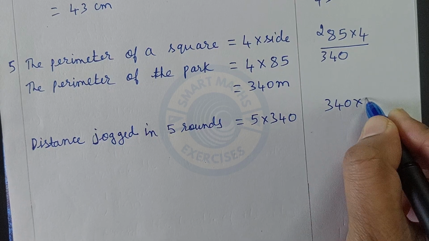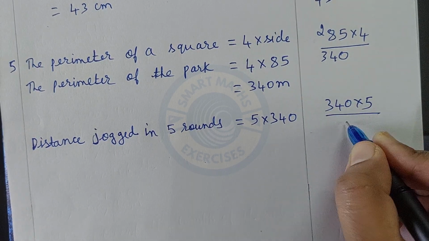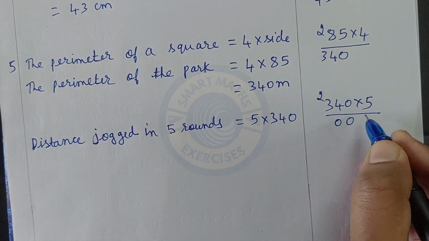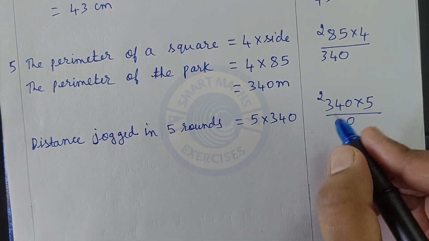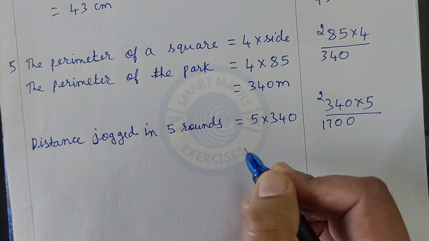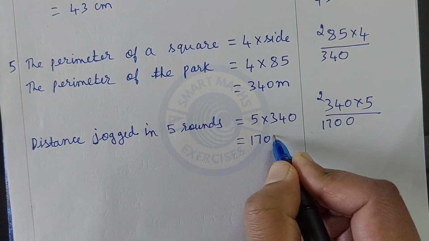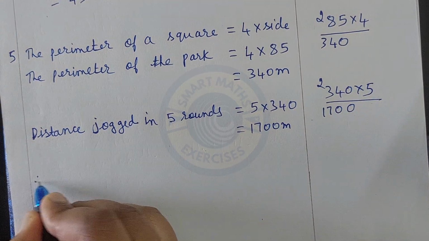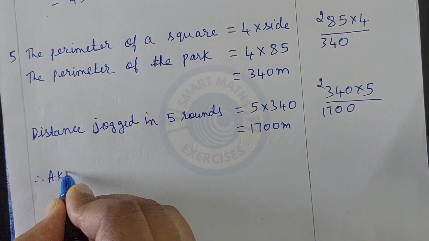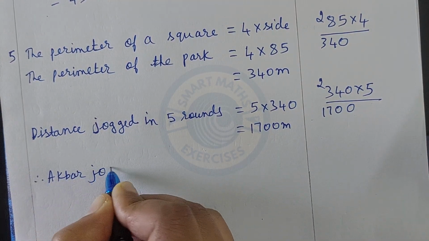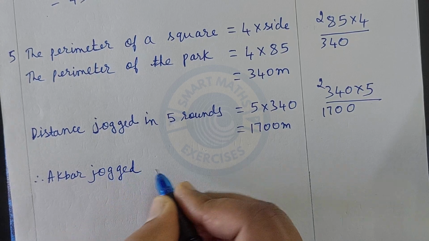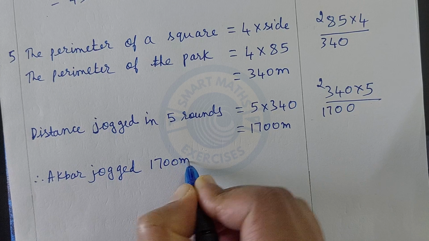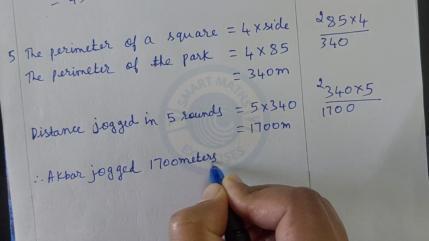Multiply 340 into 5. 5 zeros are 0. 5 fours are 20. 5 threes are 15 plus 2, 17. So it is 1700 meter. Therefore, Akbar jogged 1700 meters that day.